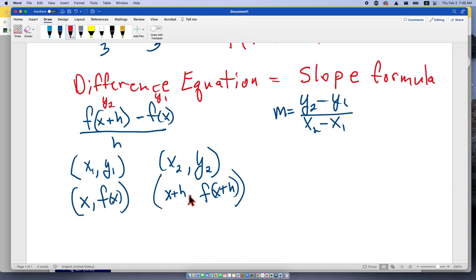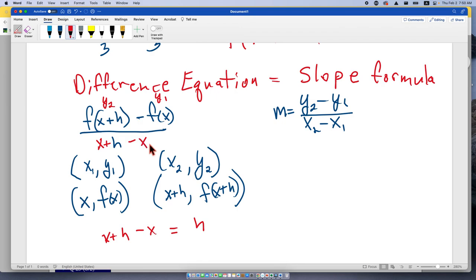Well, notice if I take x2 and I subtract x1 from it, what do I get? x minus x is 0. I just get h. So this h is actually 2 points. It's x plus h, and it's x. So at some point in time there was this x plus h and there was this minus x, but they simplified it.